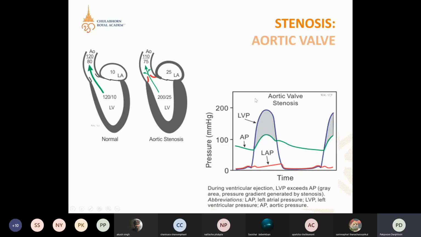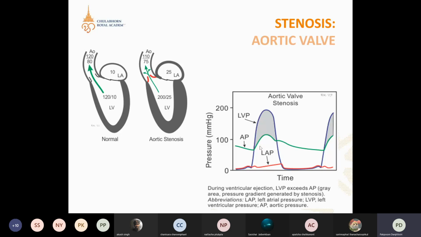Okay, look at the graph. Look at the graph, you will see that. Just imagine when you look at the graph, you just have to think of which phase you are going to focus on.